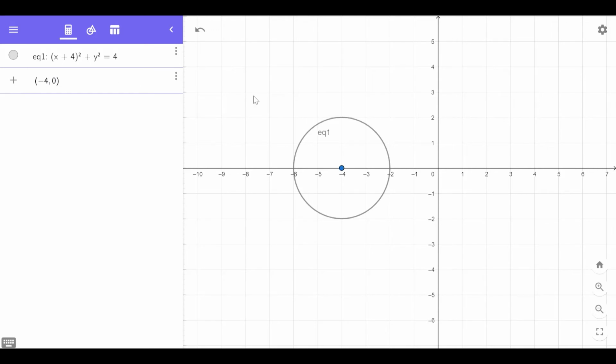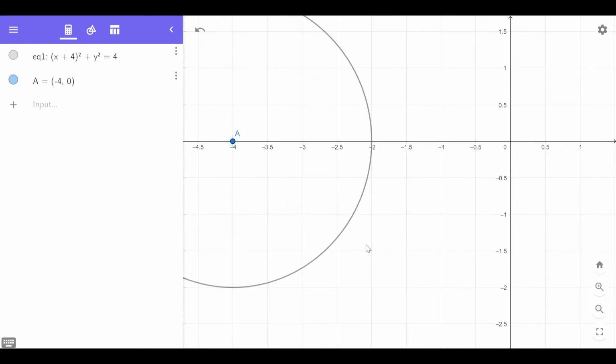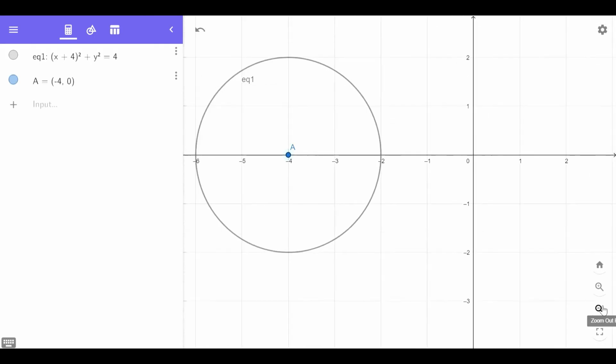So yan yung itsura ng graph natin. Ayan. -4, 0. Tapos, radius natin is 2. So, 2 units to the right, 2 units upward, 2 units to the left, and 2 units downward.